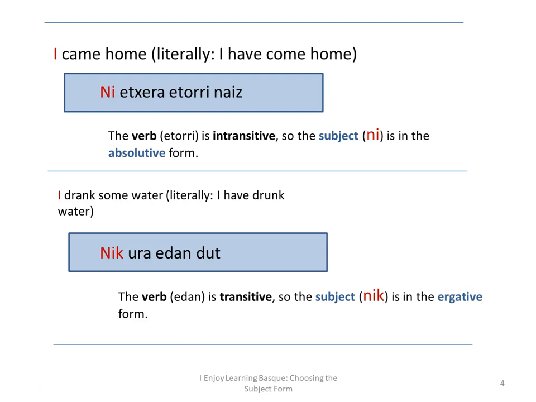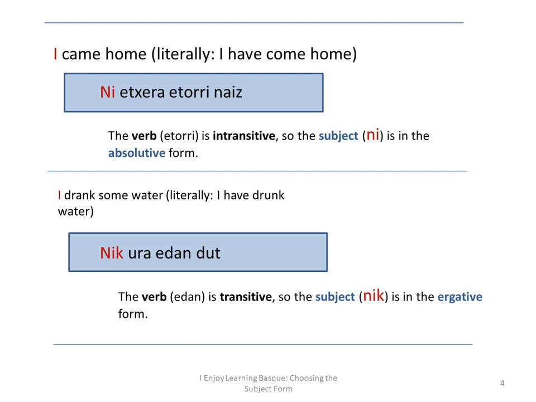So in English I can say "I came home", or literally, I'm going to say in Basque, "I have come home". So it's ni etxera etorri naiz. Ni means I. Etxera, home. Etorri naiz, I have come.